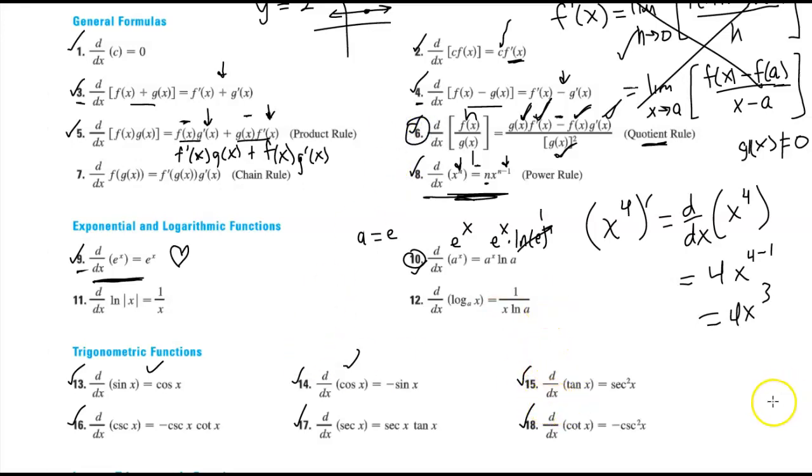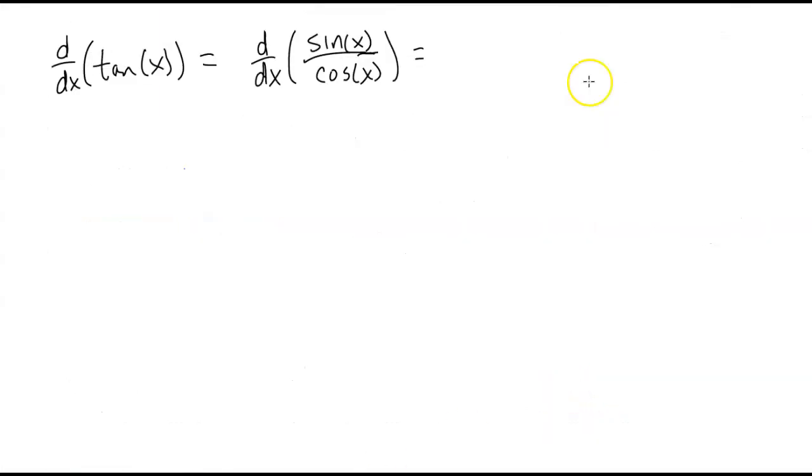Okay, so for instance, I'm going to take the derivative of tangent and write it in terms of sine and cosine so that you see that it's actually equal to secant squared here. So here, if we take the derivative of tangent, tangent is going to be the derivative of sine divided by cosine.